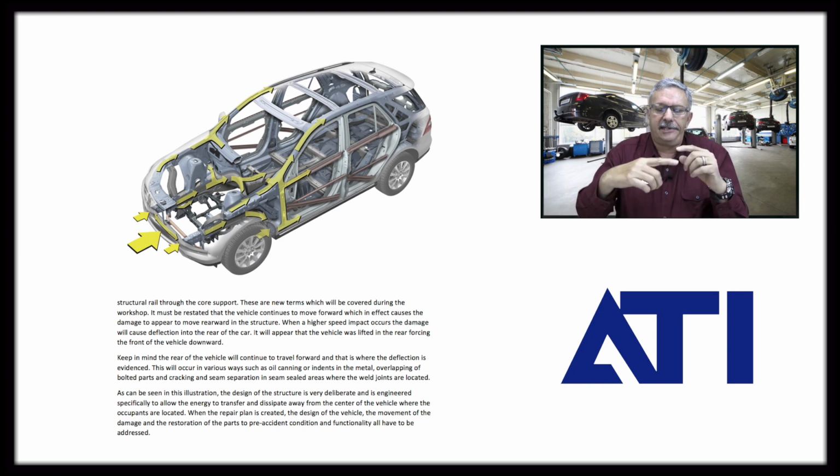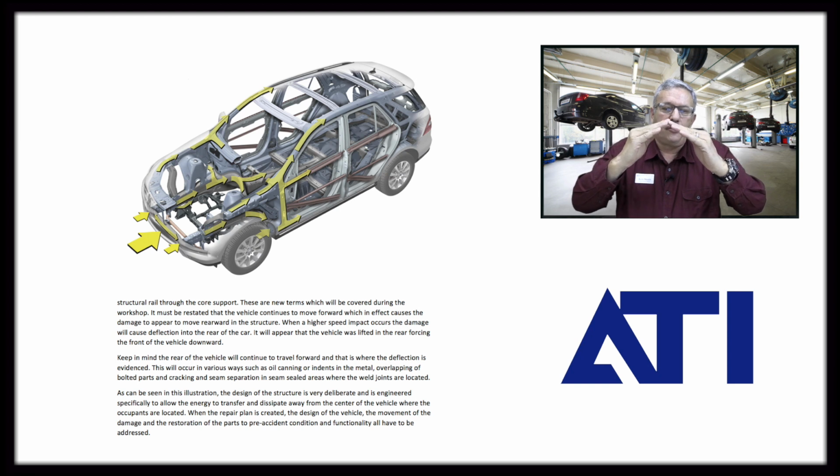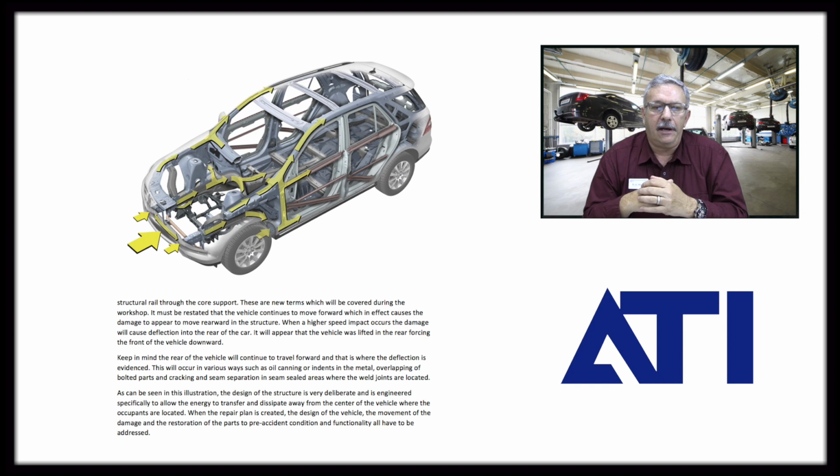And the other thing is, and I know this is going to be hard to see, but if my knuckle is the weld joint and the weld joint moves forward, you'll actually see a dimple, an outward dimple, if you will, where the weld joint has pushed up. And that's pretty typical of what we see when we see the damage transfer like that through the vehicle.